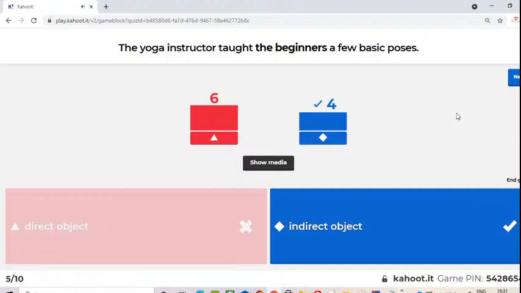Okay, I've got four correct answers this time. That's very good. The beginners are the indirect object here. The basic poses are the direct object here, and the beginners are the indirect object here. So I hope you got it. So now let's move on to the next question.